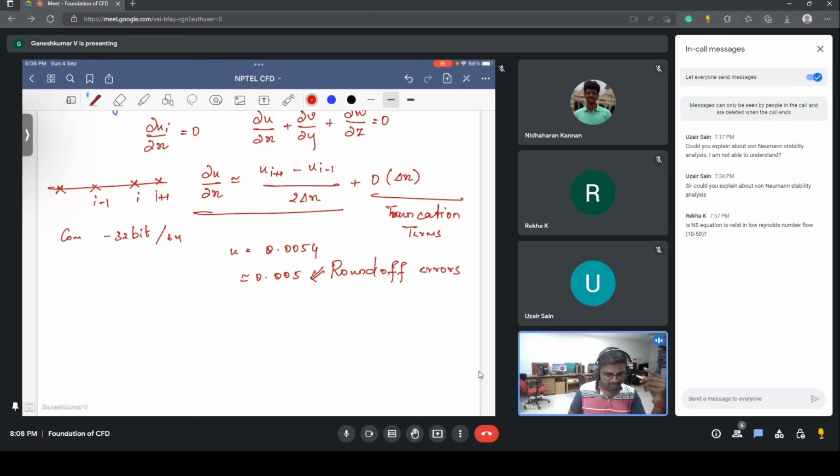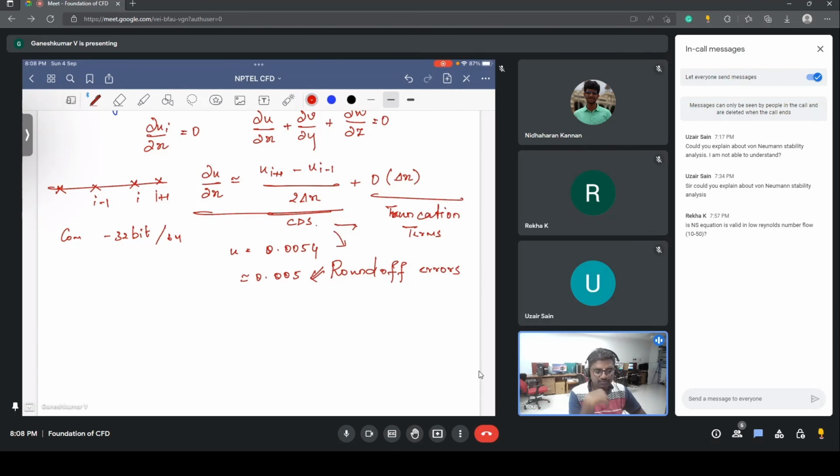There are a few more errors. These truncation errors, round off errors, and a few more errors, based on our scheme, whatever we did, the CDS scheme, the central differencing scheme, might grow, or decay, or be constant.